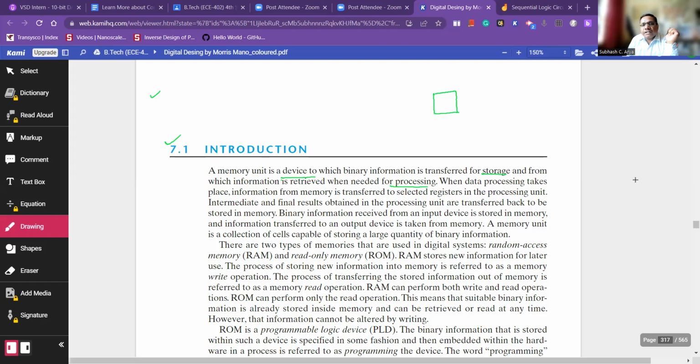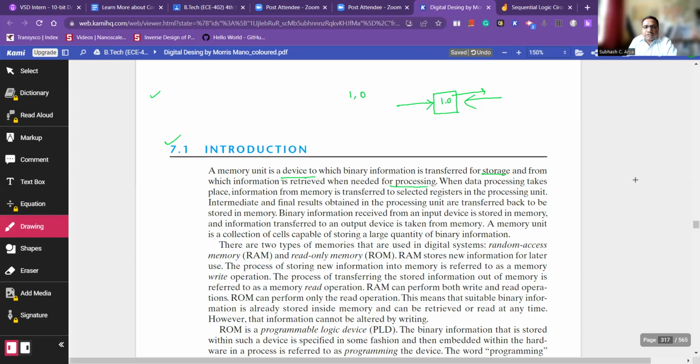Some information, 1s and 0s, is transferred from some external agency into it, for the storage purpose. And from it, information is retrieved. We get information out of it when needed for processing.